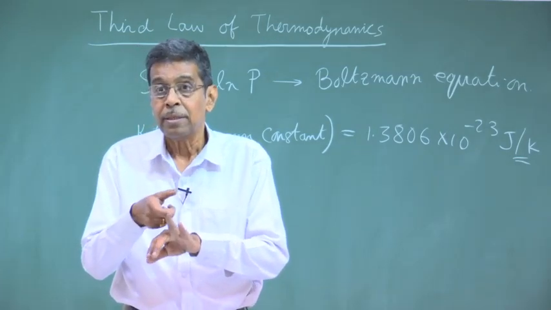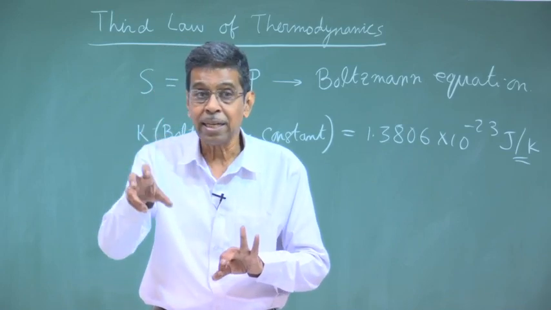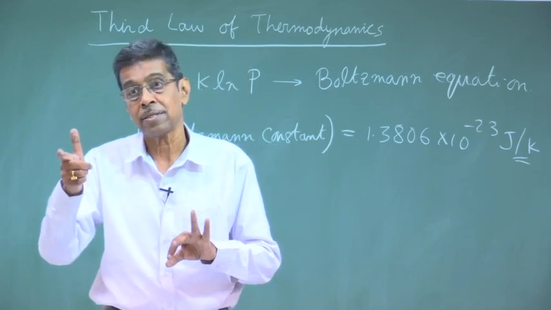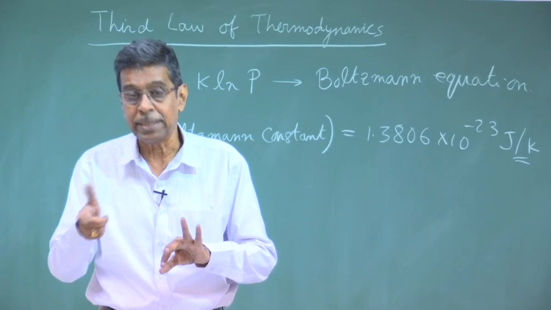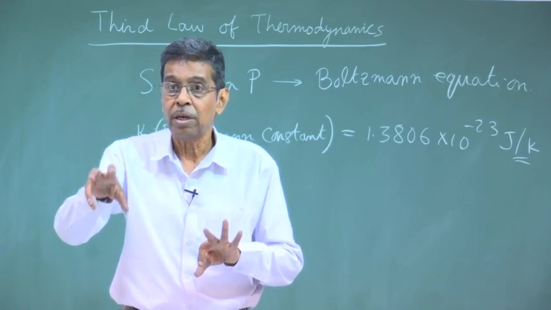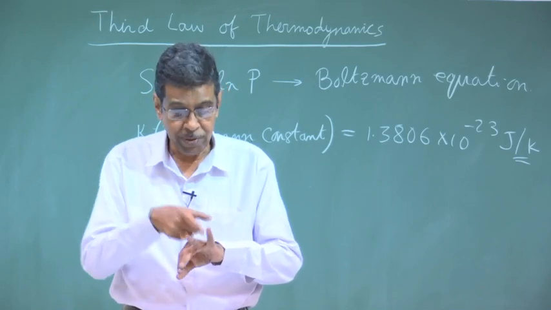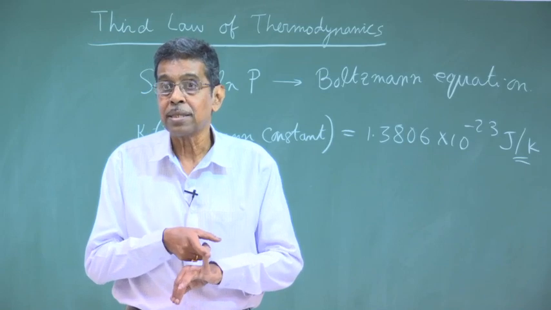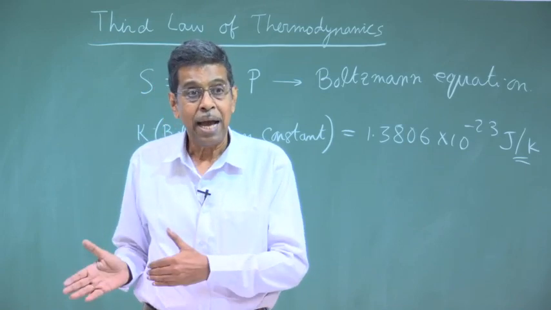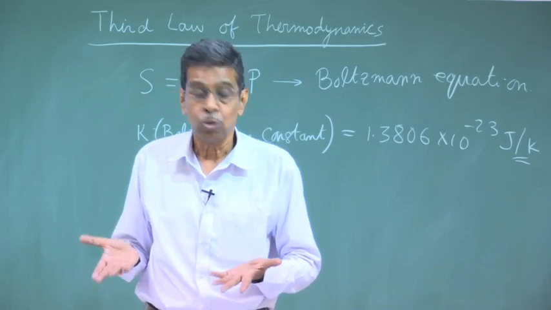The second law imposes a directional constraint, or unidirectional characteristic, on a process occurring in nature, which has been dealt with elaborately. And the last one is the third law, which defines the absolute entropy at the absolute 0 state, which is again not attainable, through two statements.